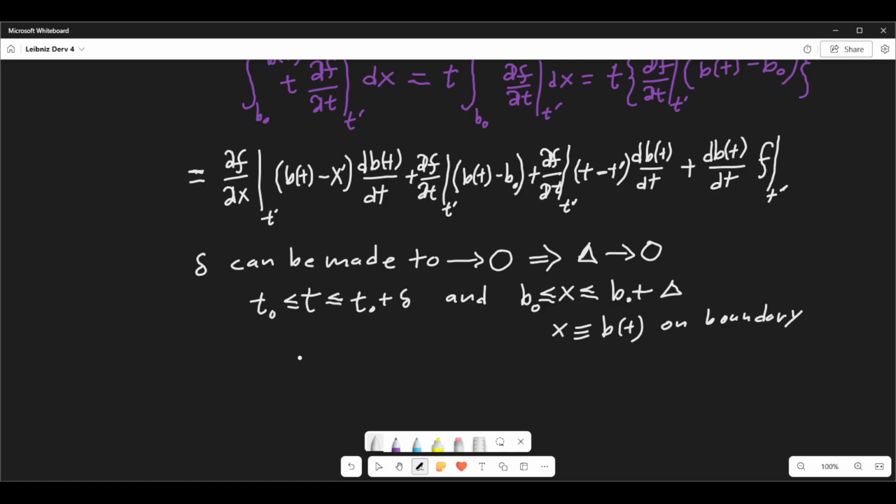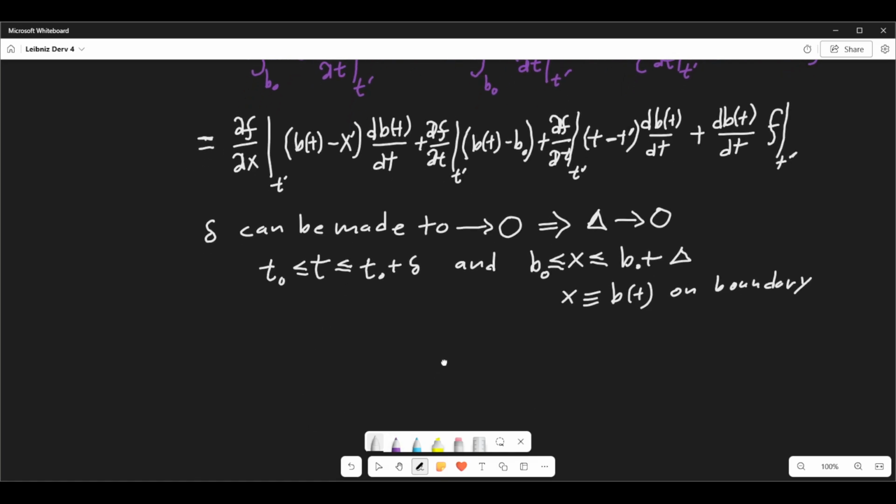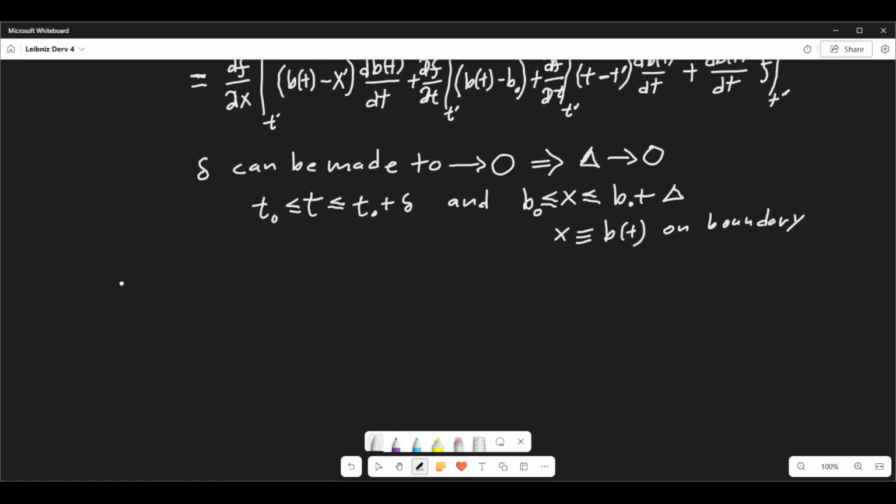Okay. So these equations basically imply that b of t is going to go towards x prime. x is somewhere in here.